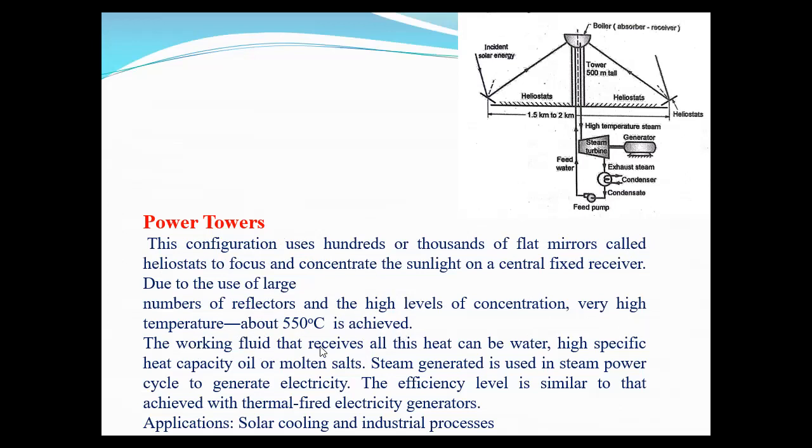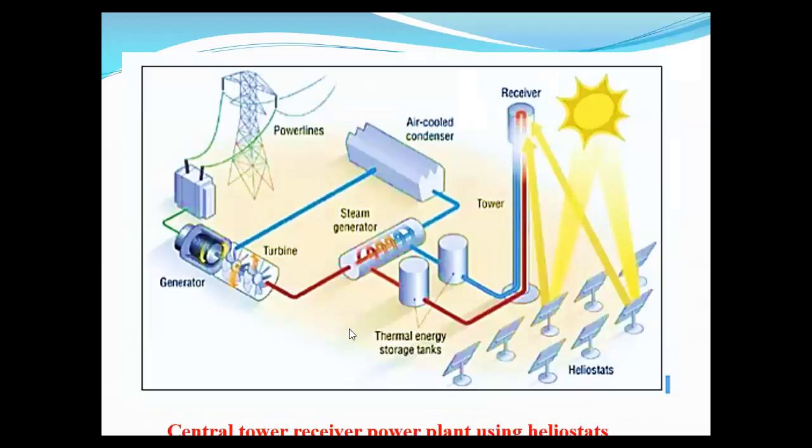The working fluid that receives all this heat can be water, which has high specific heat capacity, or molten salt. The steam generated is used in a steam power plant. The efficiency level is similar to that achieved with a thermal power plant. Applications: solar cooling, industrial processes, power plant.